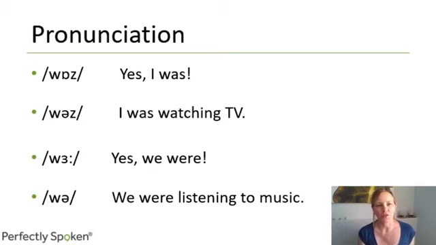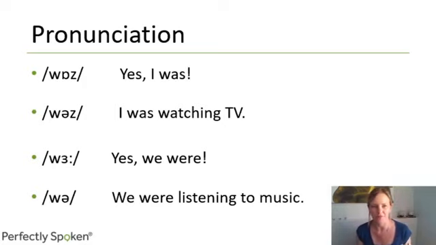So let's look at the second one first, where it says, I was watching TV. Do you hear the auxiliary verb is very quick? It's not a lexical verb. It doesn't have the most important information. Okay, so it's I was watching TV.